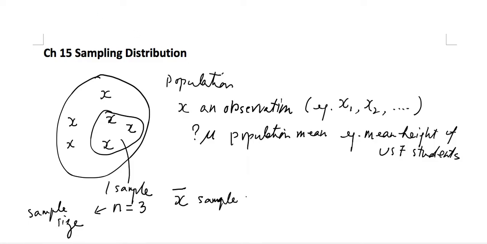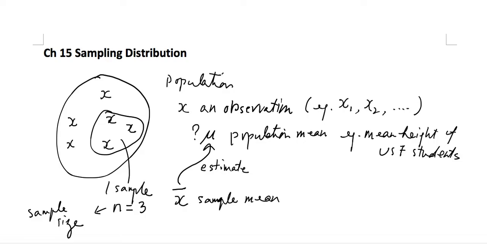So what I would do is use the sample mean to estimate the population mean. This process of using your sample data to estimate some kind of population characteristic is called statistical inference.